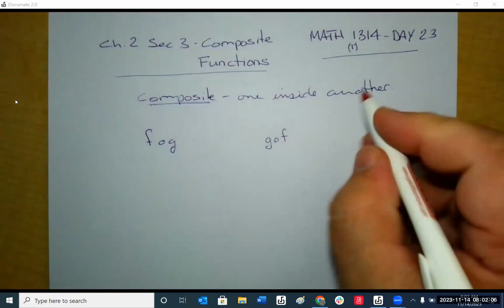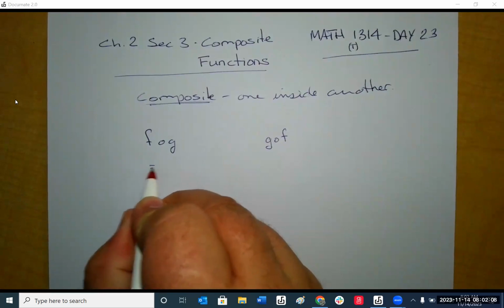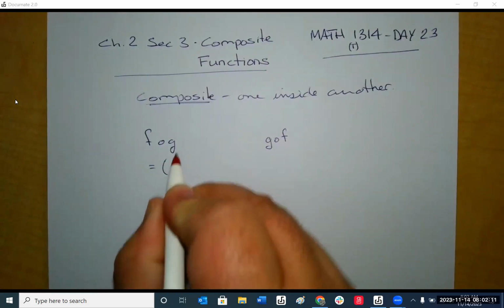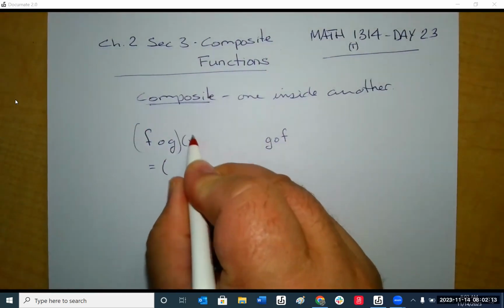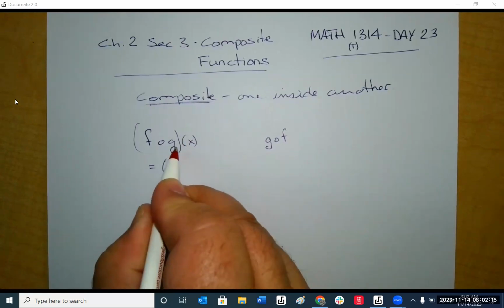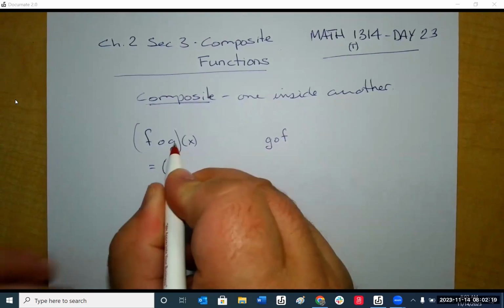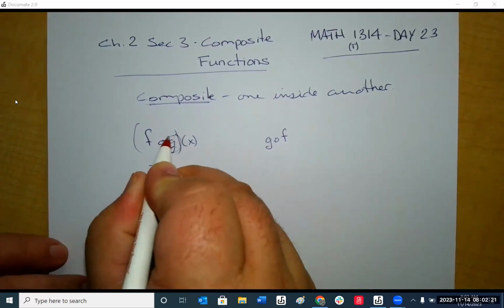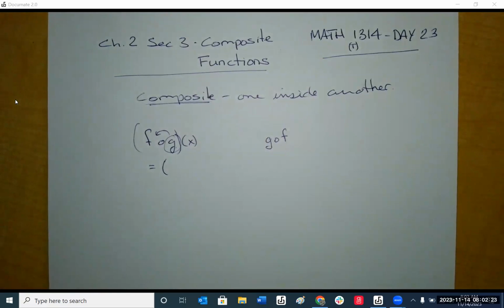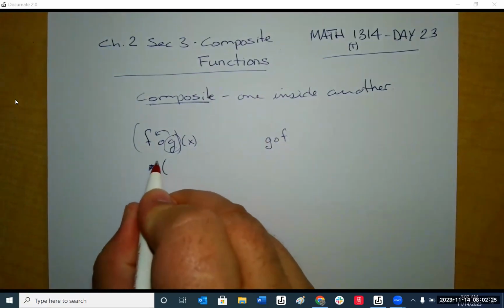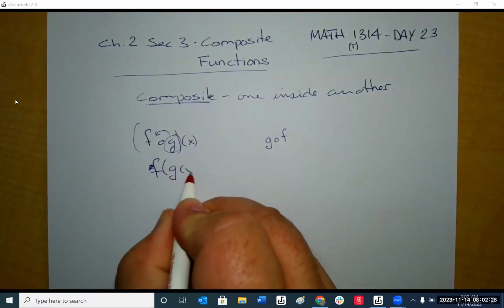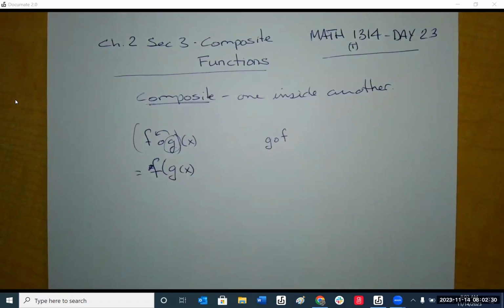By composite, what I'm talking about here is like f of g, which simply means the function f of g of x. So what that means is this inner function is inside the outer function. So we have f of g of x.